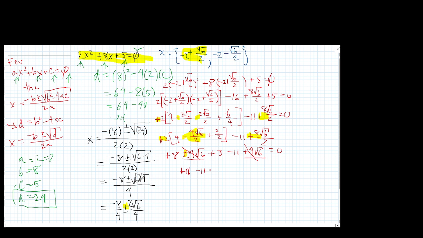Minus 11, and that is equal to 0. And you get 0 equals 0. Positive 11 minus 11. So that solution is correct.